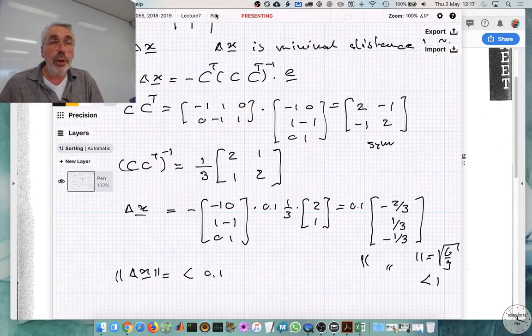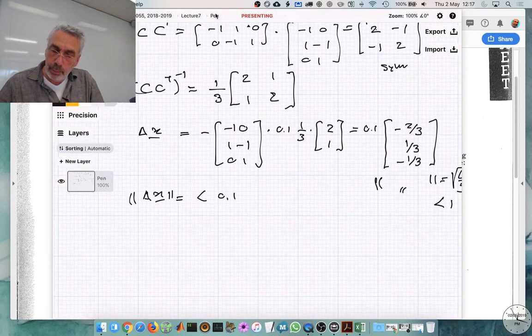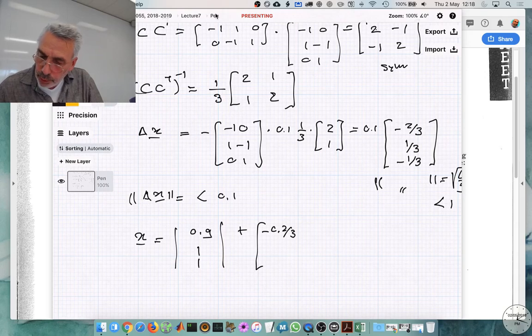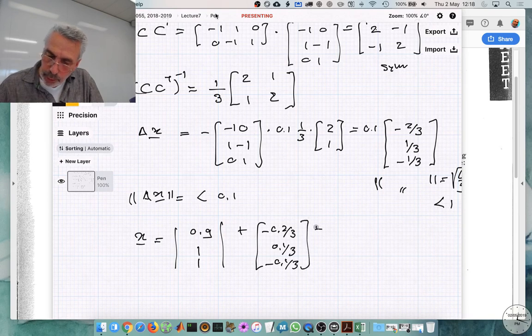So you would think that making the new solution, let's write the new solution. So that's 0.9, 1, 1, plus this delta, which is 0.2 divided by 3 with a minus sign, 0.1 divided by 3, and minus 0.1 divided by 3.